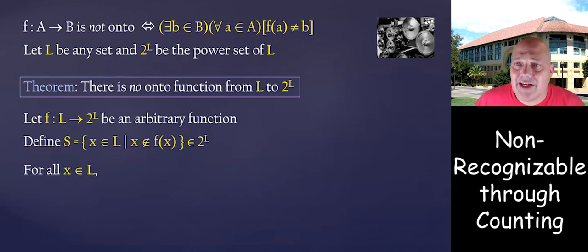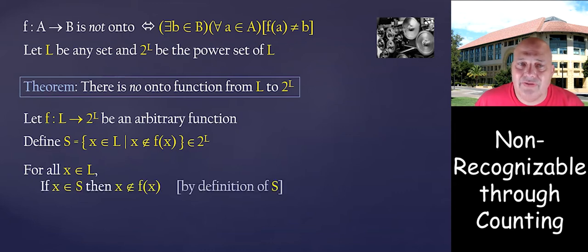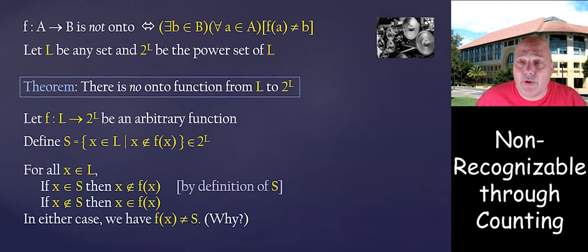And for every x in L, what do we know? If x is in S, then x is not in f of x, by the definition of S. And if x is not in S, then x is in f of x. So in either way, we get that f of x doesn't equal S. So what did we show?